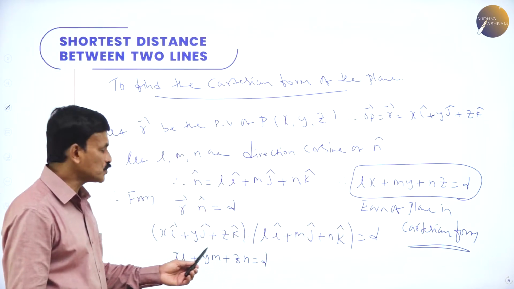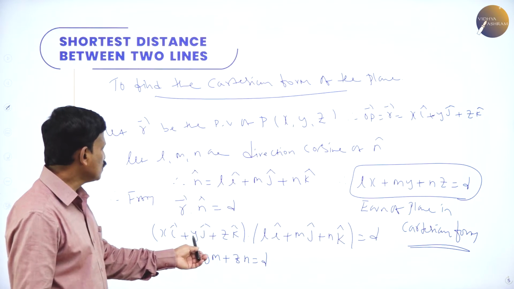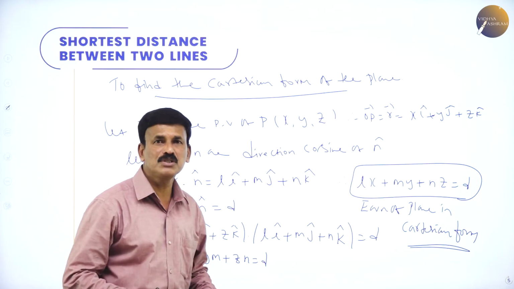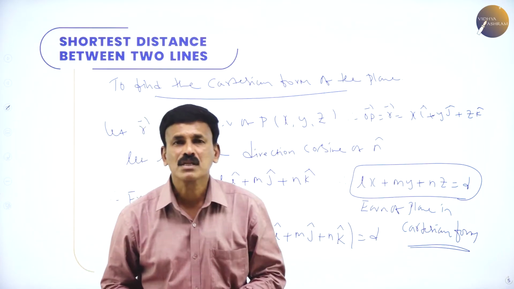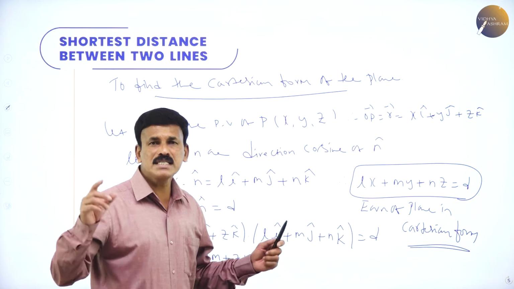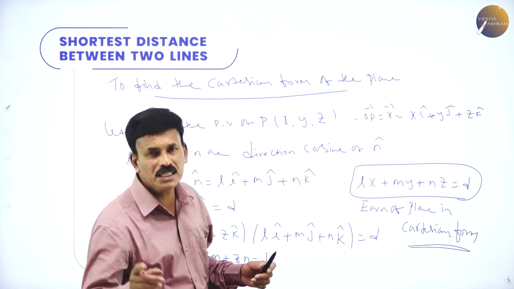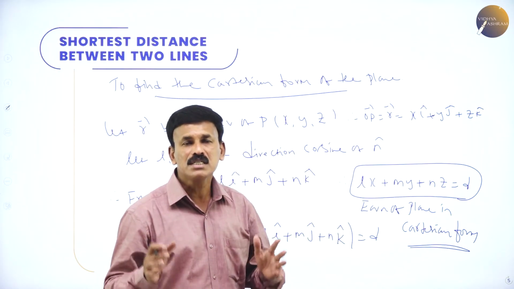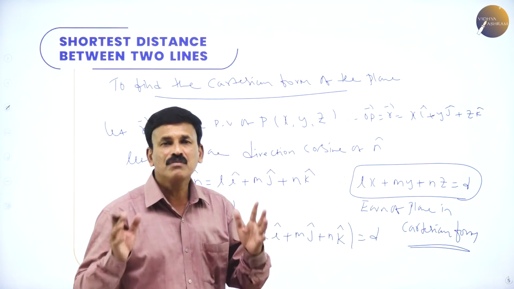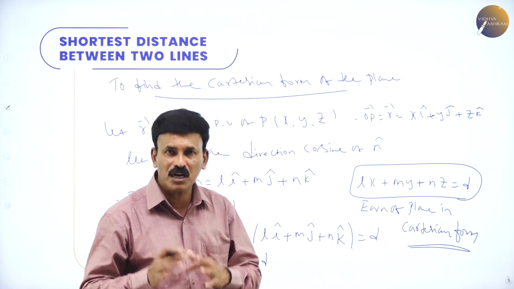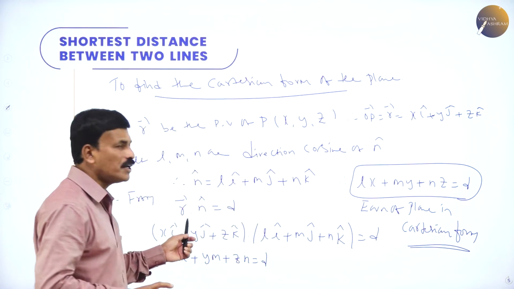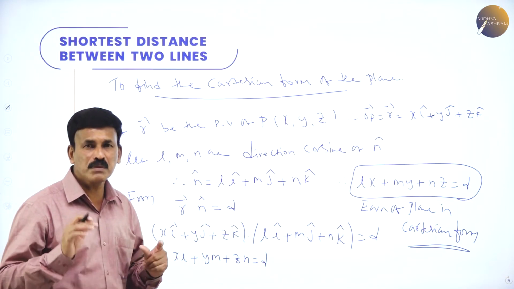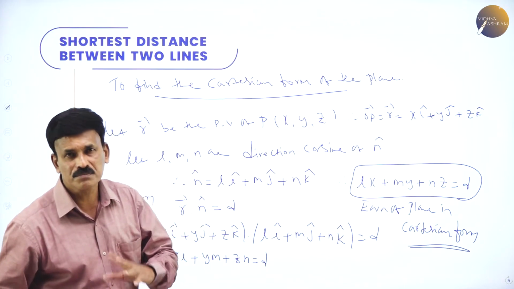The dot product of these two vectors is l into x plus y into m plus z into n, that is lx plus my plus nz is equal to d, which is the Cartesian equation of the plane. Whereas the vector equation of the plane in the normal form is vector r dot n cap is equal to d.